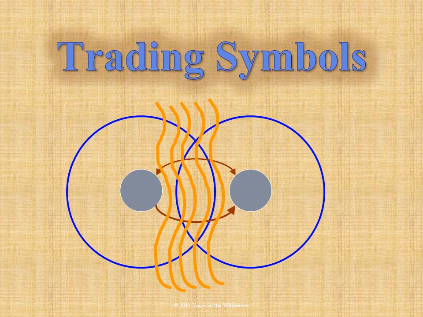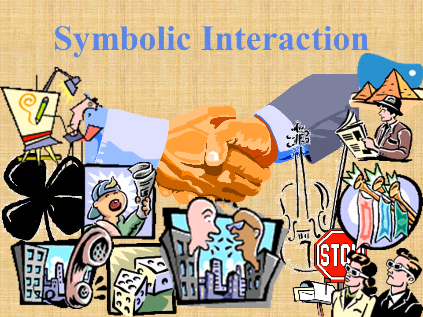But we create symbols all the time, and so I could draw a couple circles on the board in class, and you would know right away. With a couple squiggly lines, you'd say, "Oh, we're going to talk about the communication process." We call our communication process symbolic interaction.